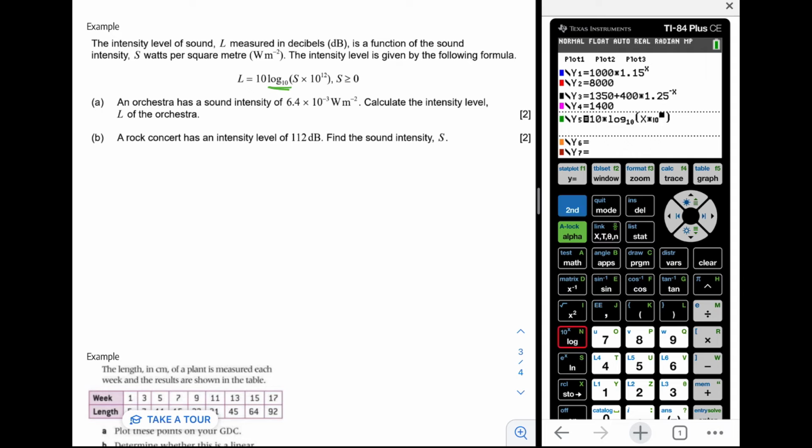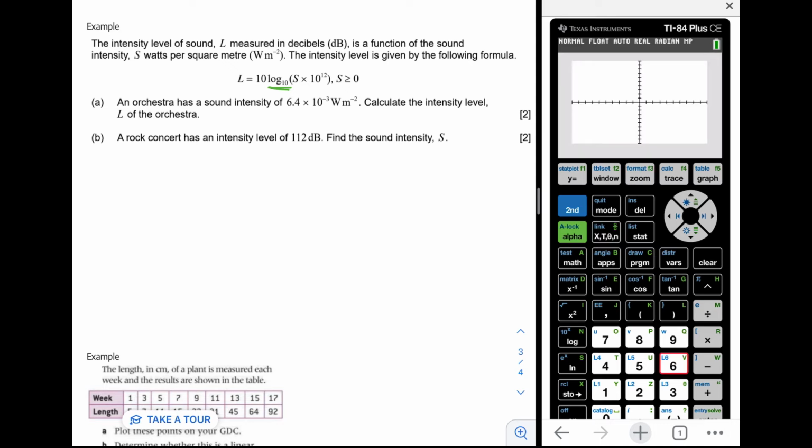So I can have 10 to the power of 12, and that is my function. I can go ahead and graph it. This is not the best window, so let me try the standard window. Is this better for us? Not really. So let's zoom out and see what's happening. Okay, we see our function a little bit at the top.